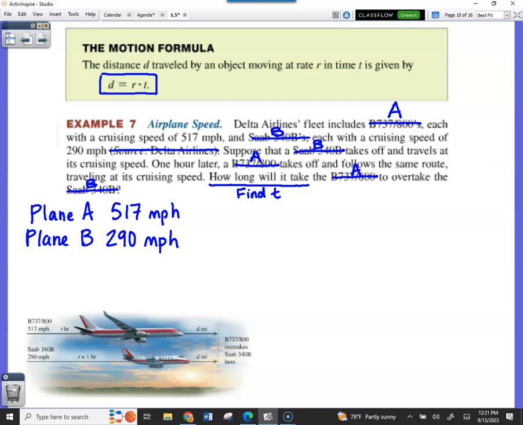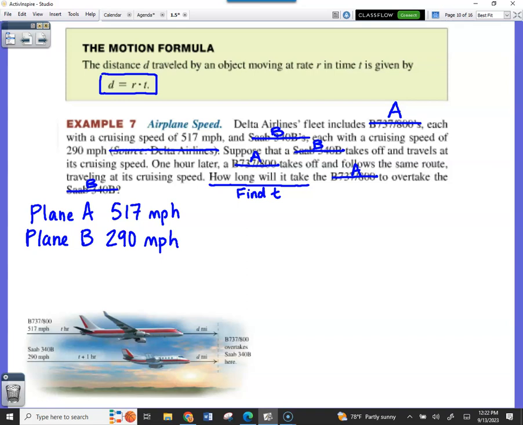To help with the visual, what do they mean by overtake? Pass. So we want to know when they're lined up together, because any time after that is when plane B would pass plane A. Does that make sense?